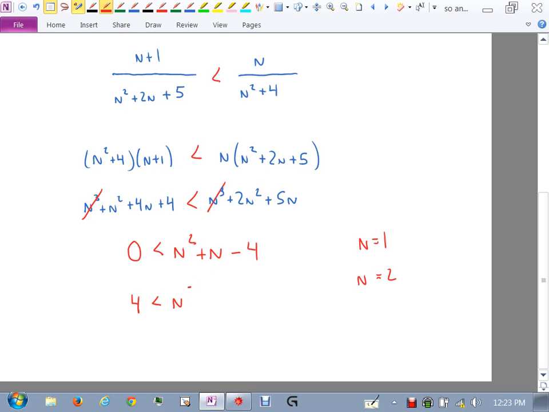How about this? N squared plus n. Leave that 4 back on the other side. When will this be bigger than 4? Well, when n is 1, it's not bigger, right? But when n is 2, you're there. When n is 3, yes, you're there. How about this? How about if I leave that and I factor the right side, pull out an n?